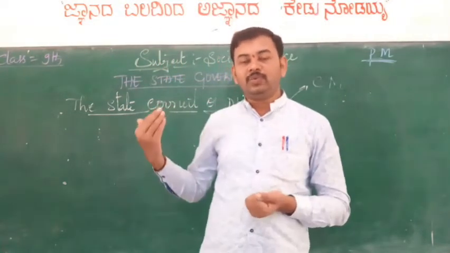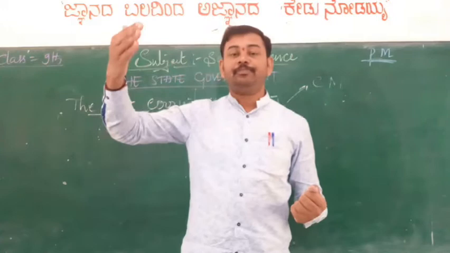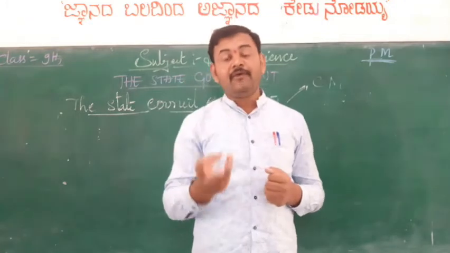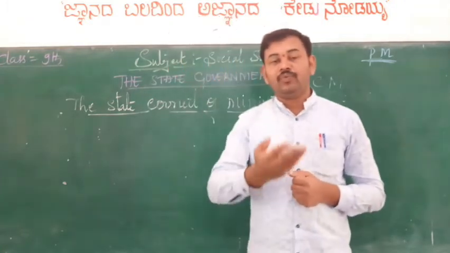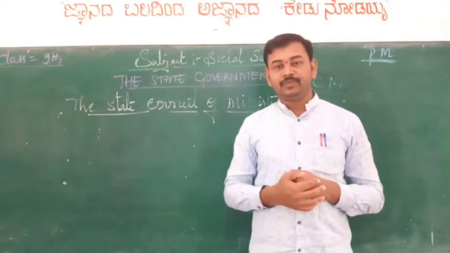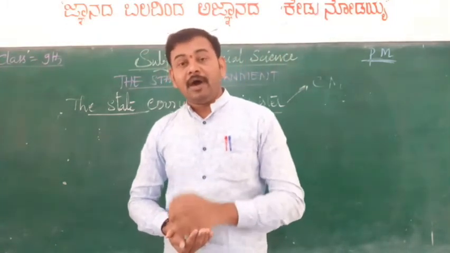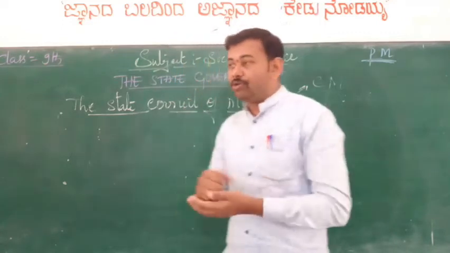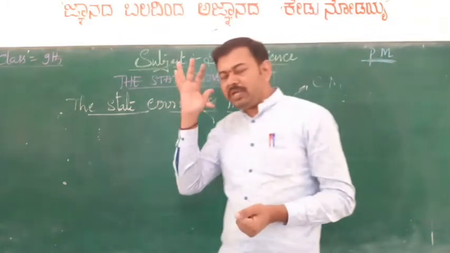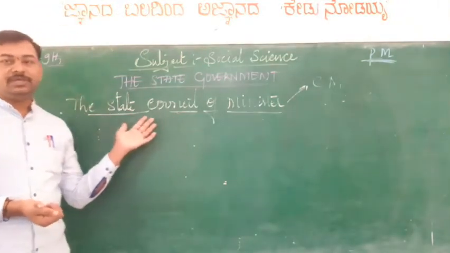Along with that, it advises the governor to appoint various higher posts in the state, especially the vice chancellors of all the universities of Karnataka, and then the Auditor General, Comptroller General, and many important posts will be appointed by the governor only on the recommendation of the Council of Ministers of the state. So these are the very important functions of the Council of Ministers of the state.